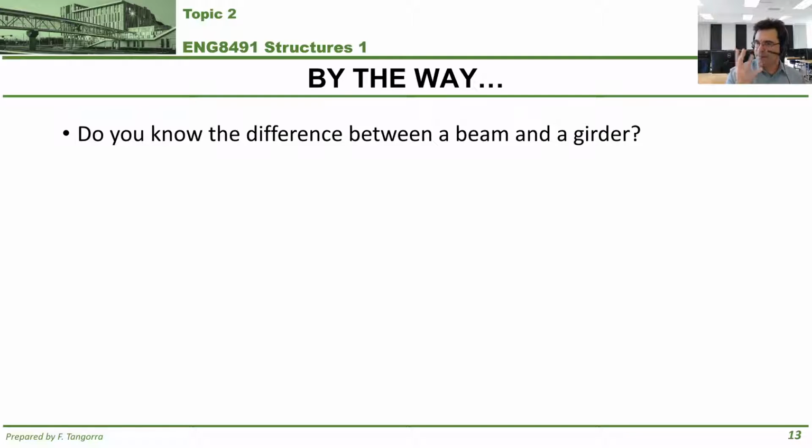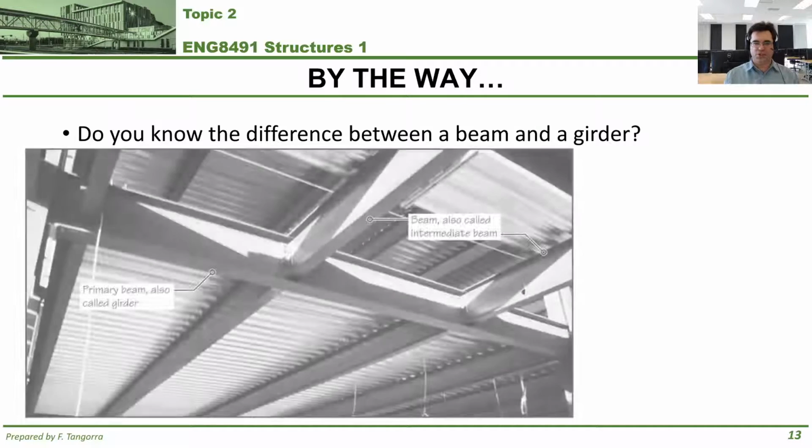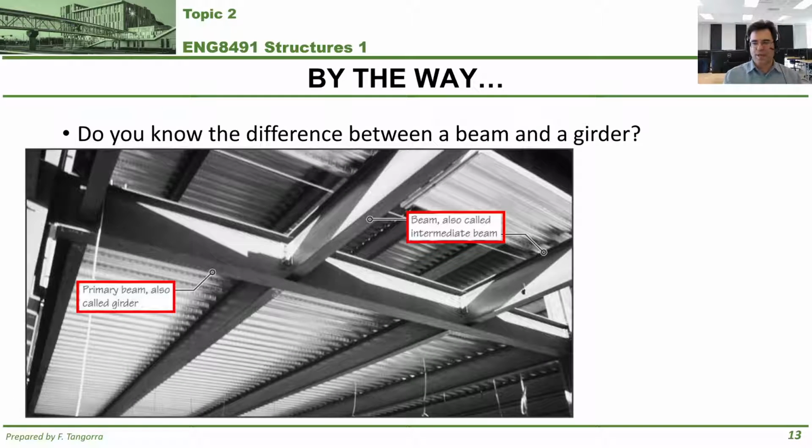But there is a fundamental difference between a beam and a girder, and I want to try to illustrate it here. I'm calling some of these elements beams and some of these elements girders. A girder basically is a large beam like this one here that is supporting other beams that frame into it or are supported by it, like these ones here.